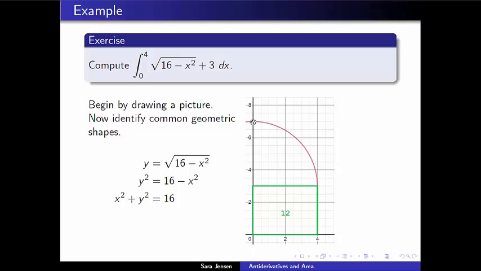And once I'm positive that that region just doesn't sort of look circular, but is actually exactly equal to a quarter of a circle of radius 4, I'm able to compute the area of this portion of the quarter circle. And I would find the total value of this definite integral by adding the area of the rectangle, which is 12, and the area of the circle, which is 4 pi.